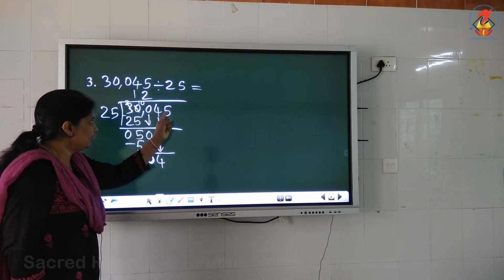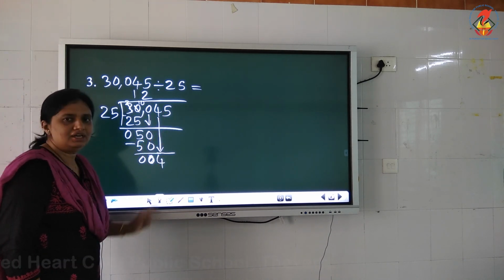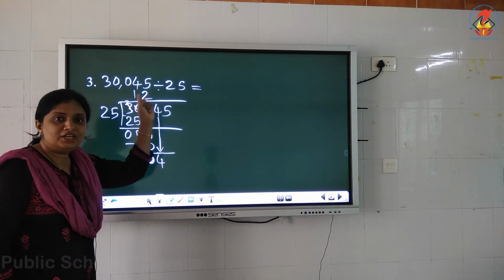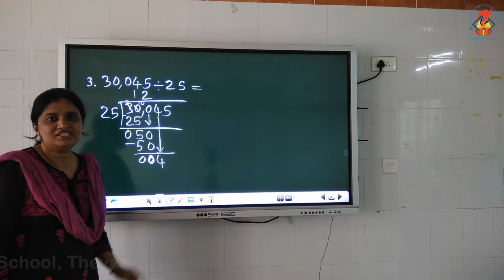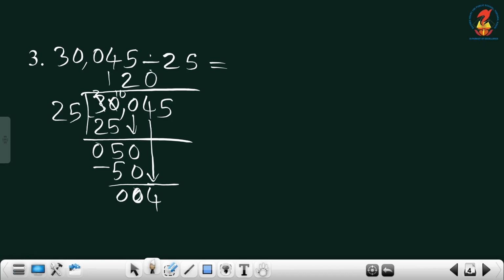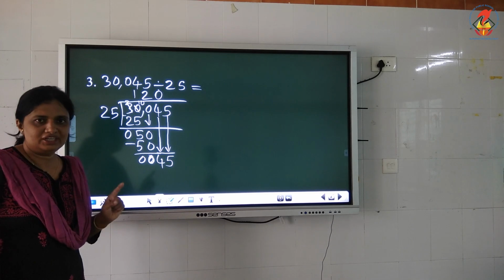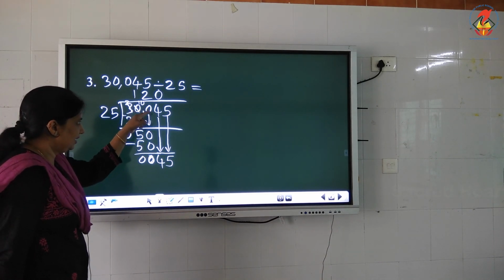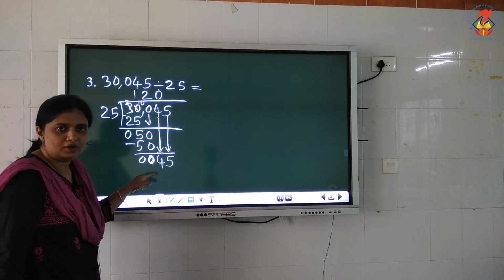If you want to take one more digit from there, you need to put what here? Which number you need to put here? 0. After putting 0, you need to take this digit also down. Don't forget, children. See this. Here we take this digit also down, right?